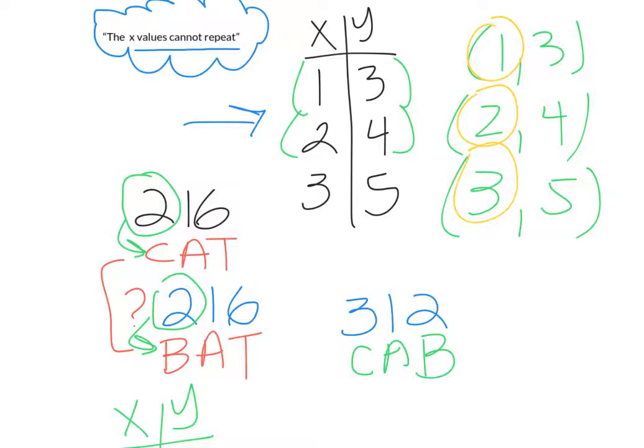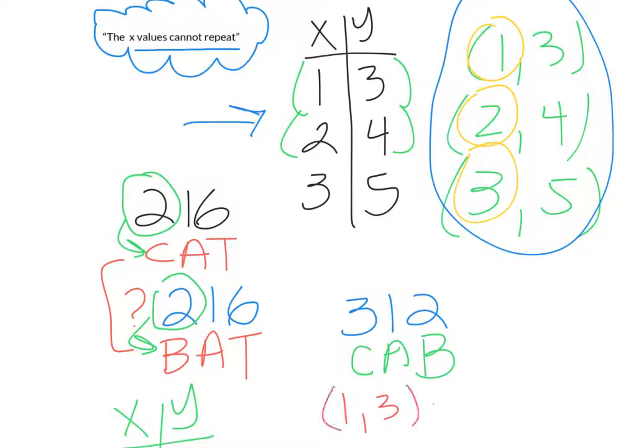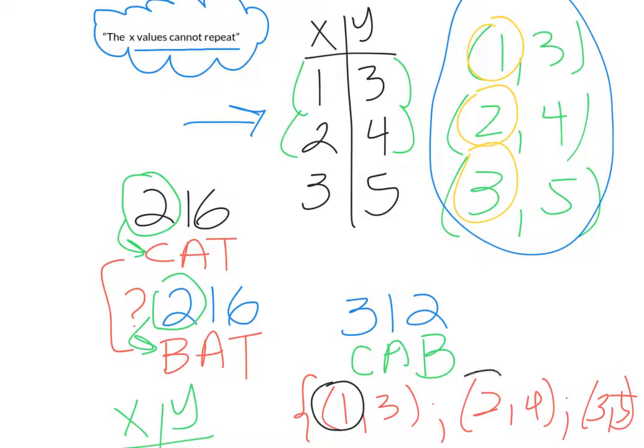It's easy to see when you have ordered pairs like this. You can just look at the X's. You might see the ordered pairs written out this way with braces around them. And you just have to look at those, those are your X's. Make sure they don't repeat. Those are your X values. They're also called the domain.